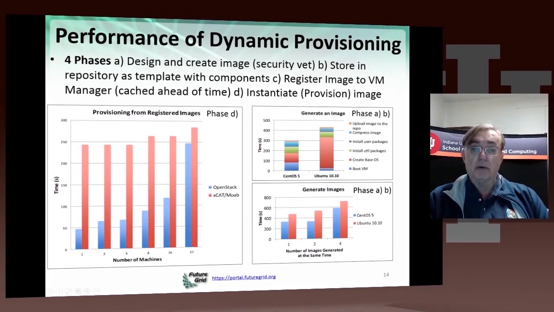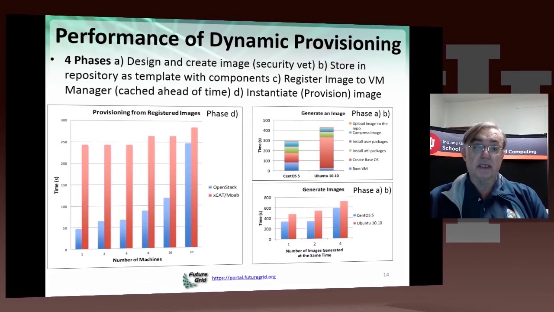The blue here on the graph on the left is OpenStack. It's plotted against the number of machines you have to provision. The pinkish color is xCAT and Moab, which is the current approach to HPC, high performance computing environments. We're going to remove our dependence on xCAT because it's not supported on all Linux environments. It is very good on the iDataPlexes because it comes from IBM.